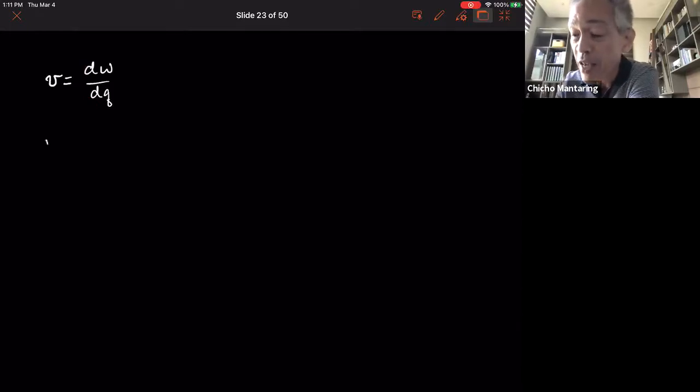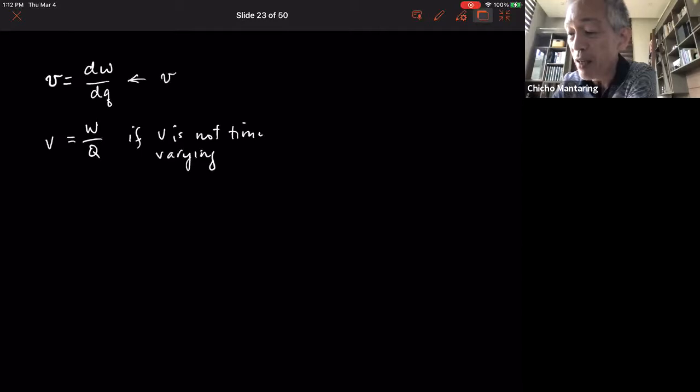Now, if V is not time varying, then V is just equal to W over Q. Here V is time varying. When does V become not time varying?